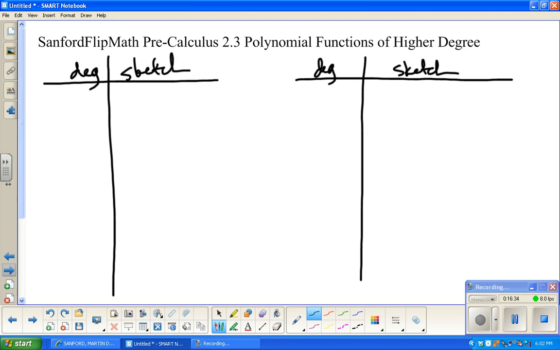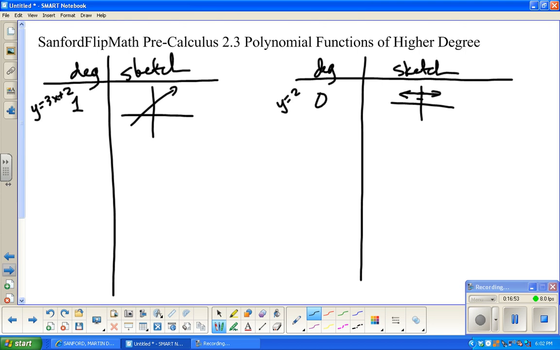So degree, well, let's do degree 0. An example would be y equals 2. Well, there it is. That's exciting, isn't it? Degree 1, an example might be y equals 3x plus 2.